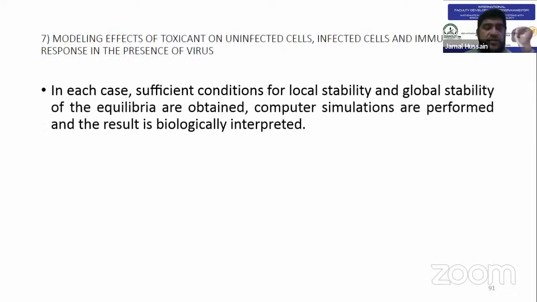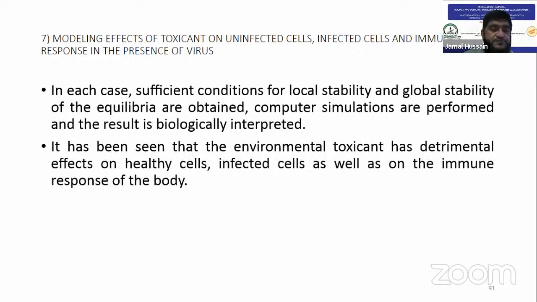So what is obtained in each case: sufficient conditions for local stability and global stability of the equilibria are obtained, computer simulations are performed, and the result is biologically interpreted. And it has been seen that the environmental toxicant has detrimental effects on healthy cells, infected cells, as well as on the immune response of the body.